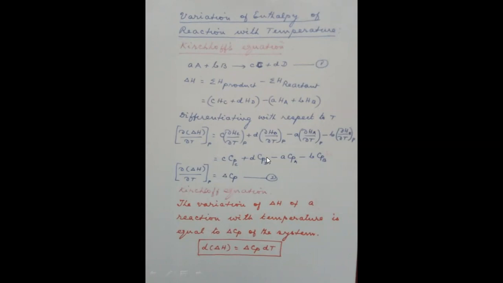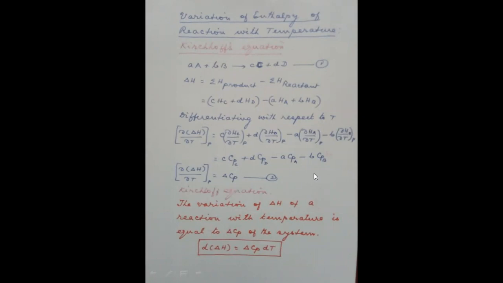That means the total Cp of the product minus the total Cp of the reactant. You are getting the change in the Cp, that is the heat capacity at a constant pressure. So dou delta H by dou T at a constant pressure is equal to delta Cp.